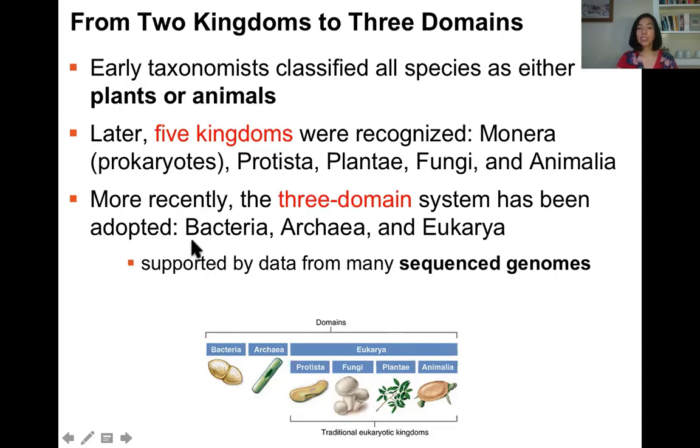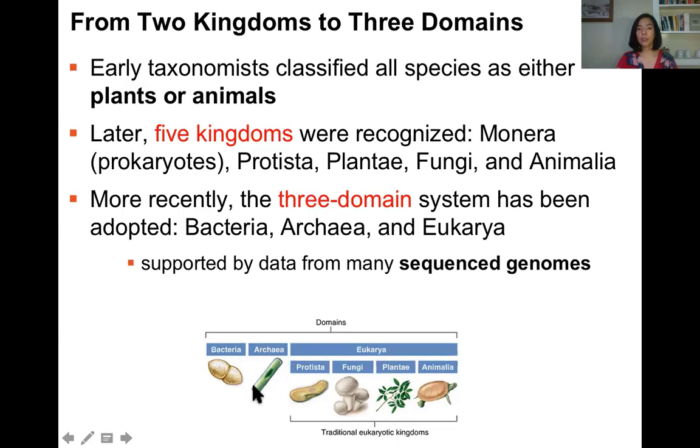Now, most recently, with the advance of some technologies, such as the sequencers, we are able to sequence genomes, or just sequence pieces of genes, and we were able to determine that actually all of the groups in Eukarya are more closely related than Archaea with respect to Bacteria.